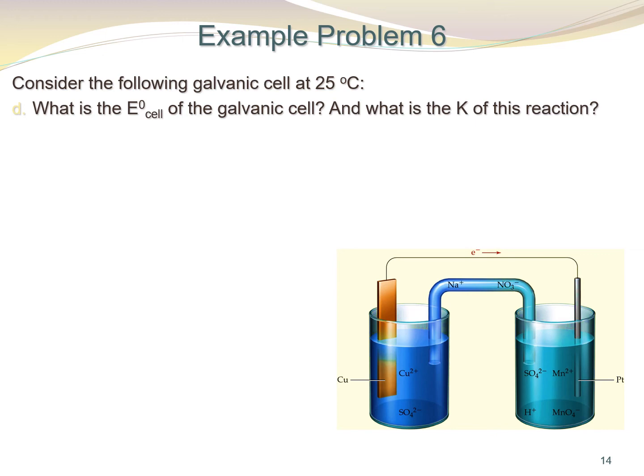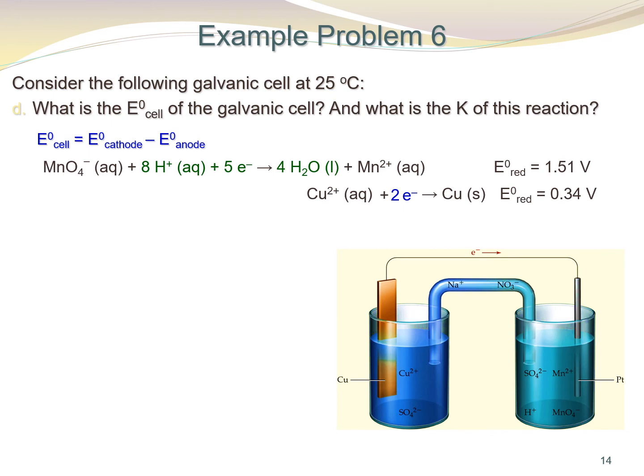That is a simple question because we have just figured out the two half reactions. And we have labeled these two half reactions as a reaction on the cathode and anode. What we need is to check those half reactions and find out what the standard reduction potential for each one is. And of course, I have the habit of writing the more positive one on top.